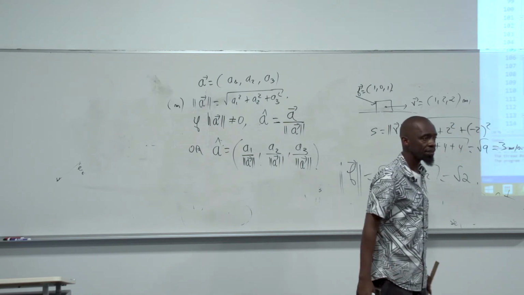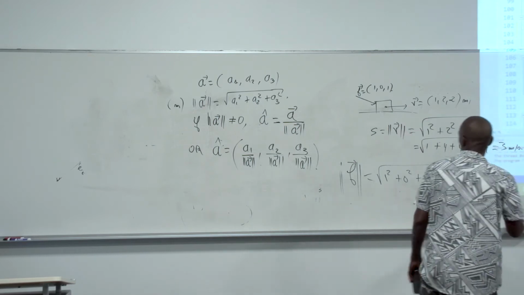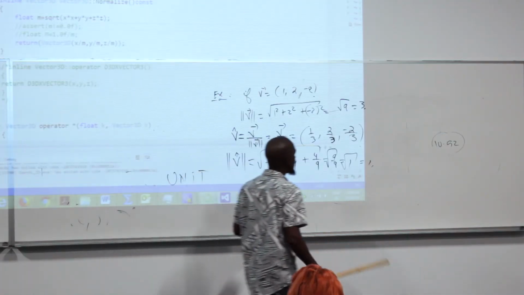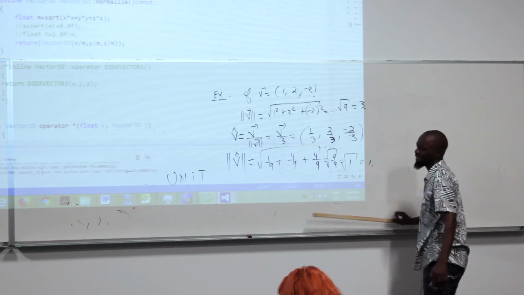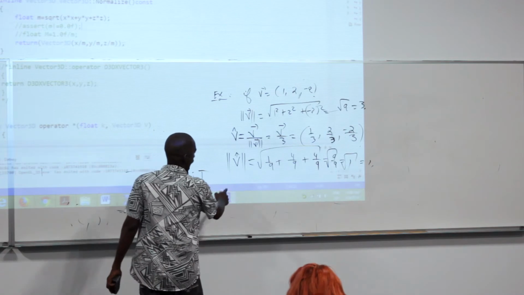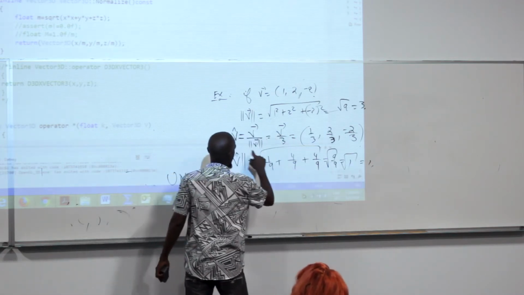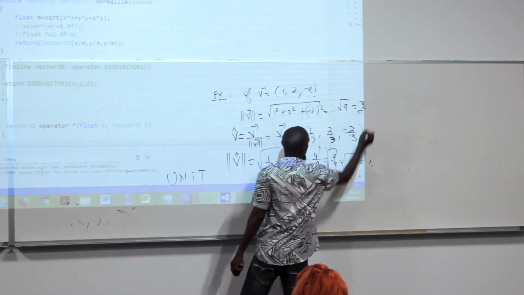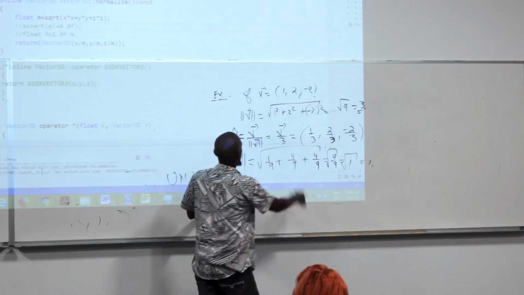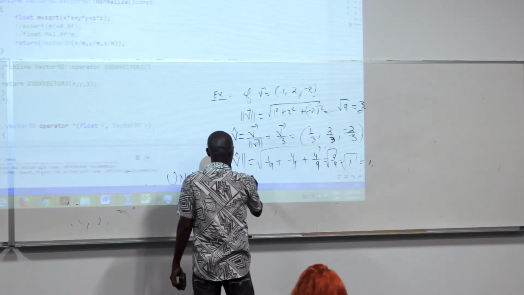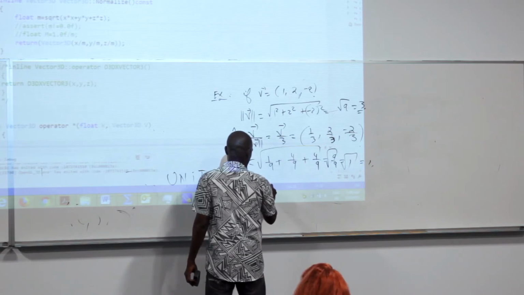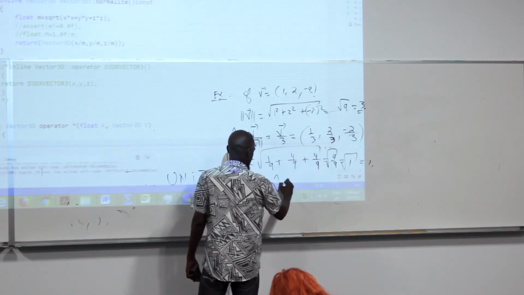Do you get it, guys? Now, let's look at this one here. Before I do this, I'm going to use this length and multiply it to the direction. I take the length of V, that is the norm of V, multiplied by V hat.